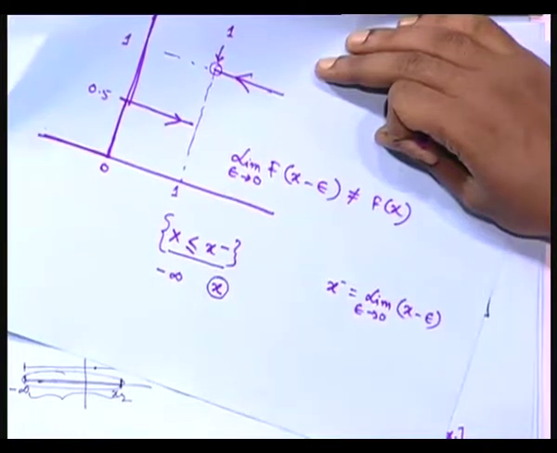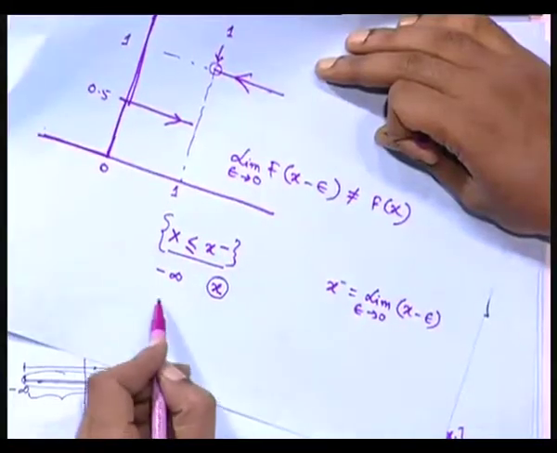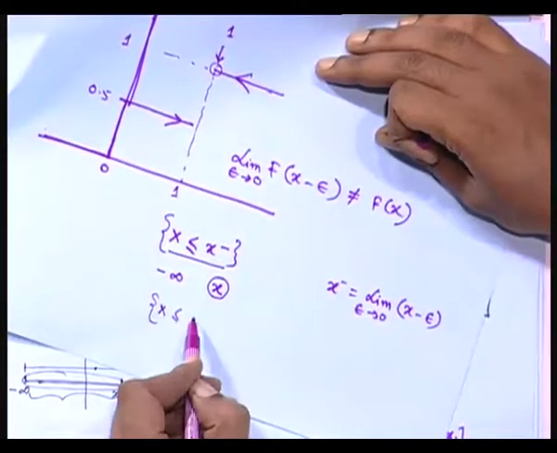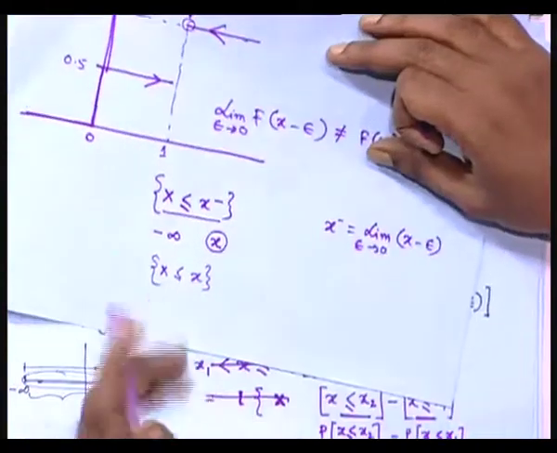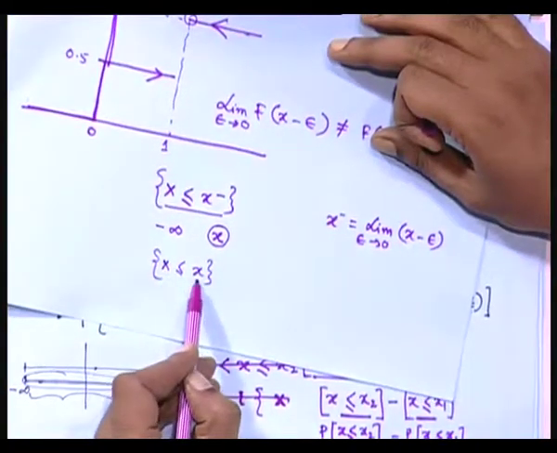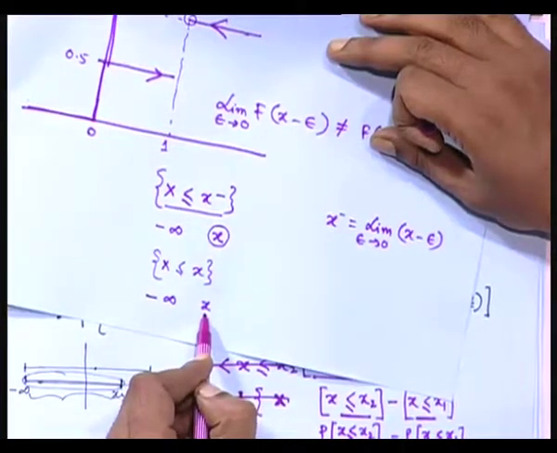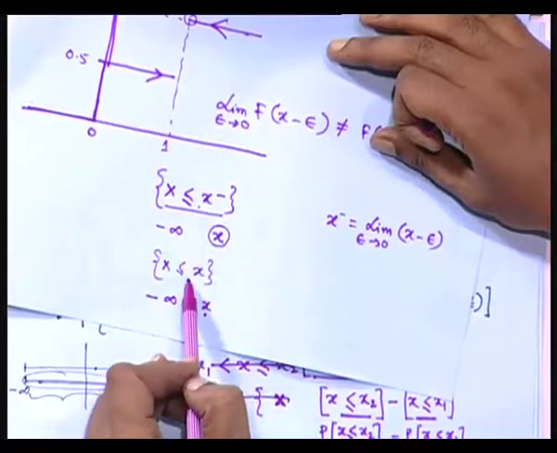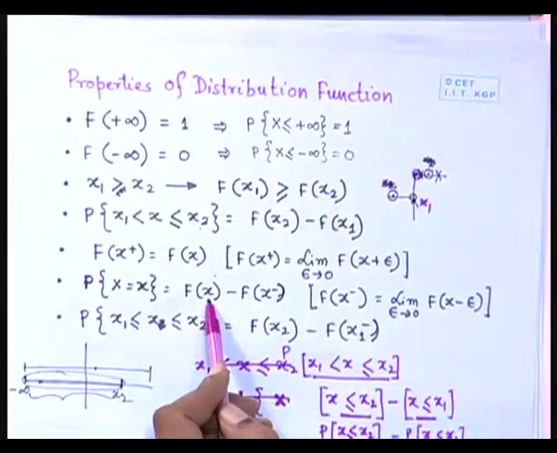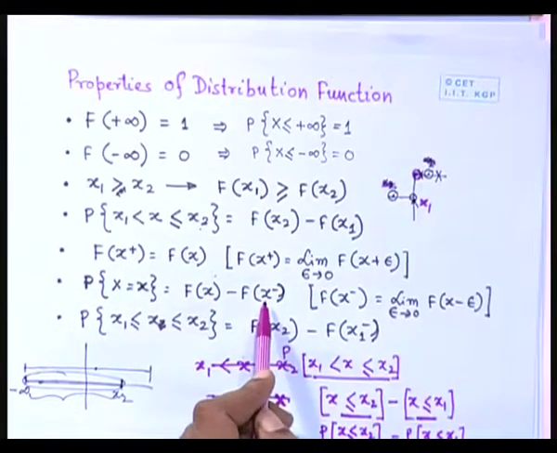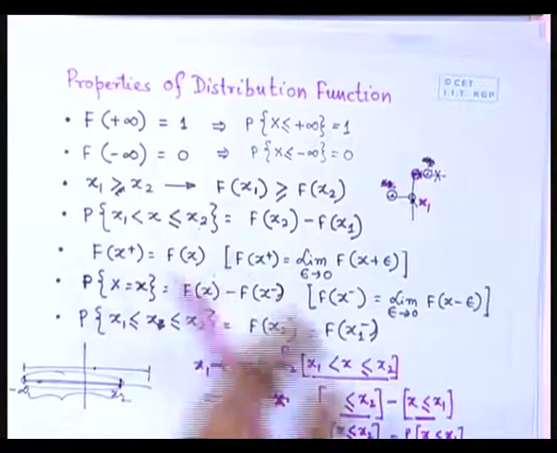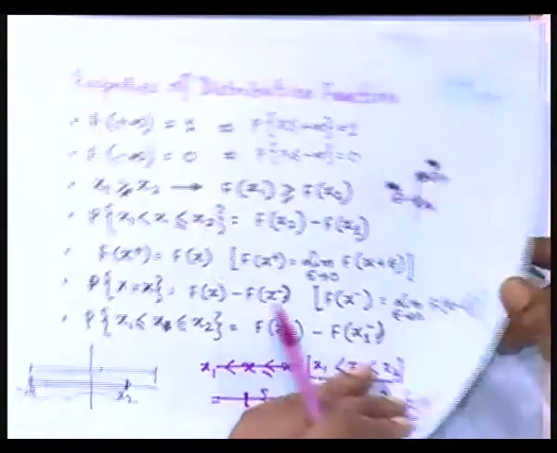Just that point if you take out, all other points are included. And if you put x here, these are simple limit concepts, then you are considering minus infinity to x including the point x. So if you subtract this from this, then you are left only with the point x. Okay. So that is why the probability that X is equal to x is f(x) minus f(x minus), and so on. These are simply derivable properties and they are easy to follow.